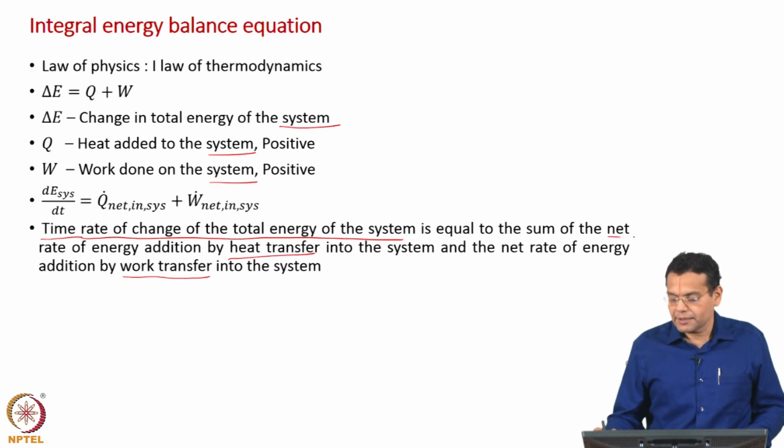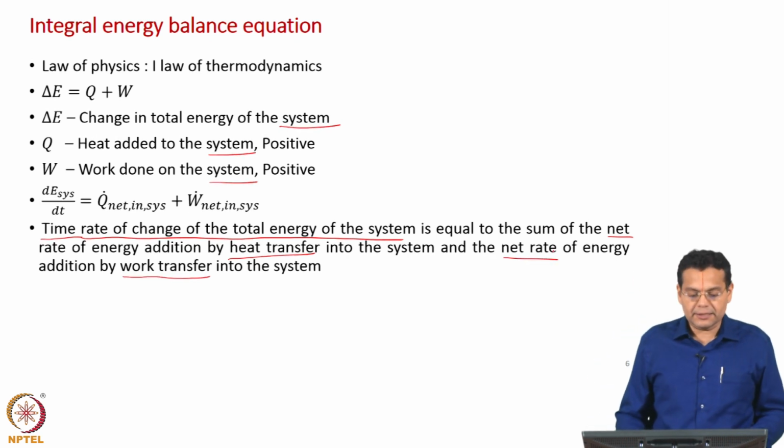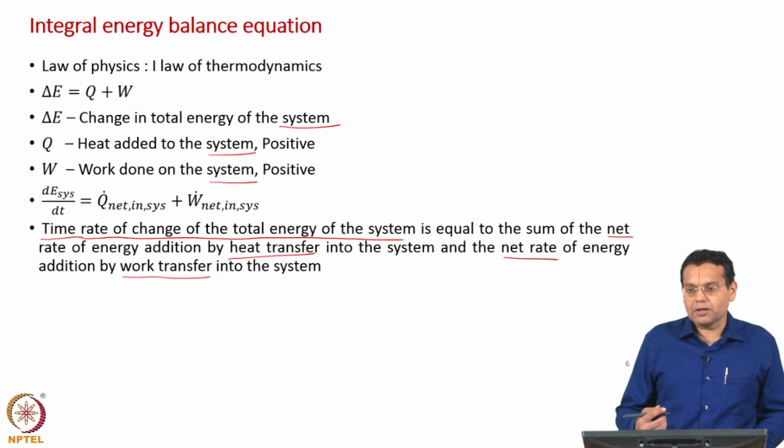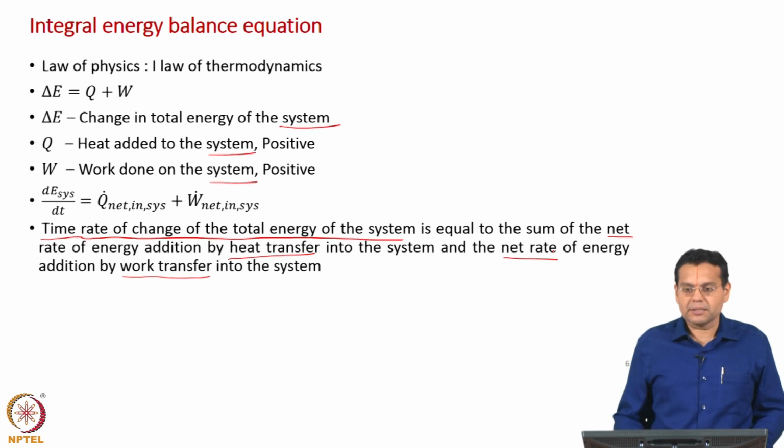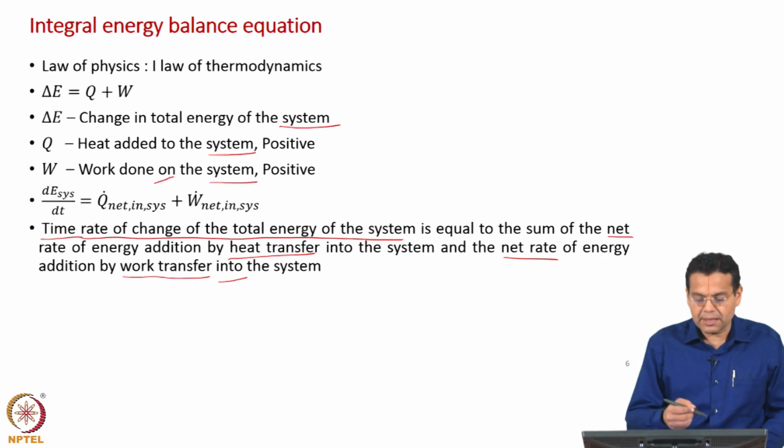It has the term net for both heat transfer and work transfer. The reason is heat could be added or removed, and work could be done on the system or by the system. So net says it is the net rate of heat addition and similarly the net rate of work done on the system. Into the system and on the system are the same.